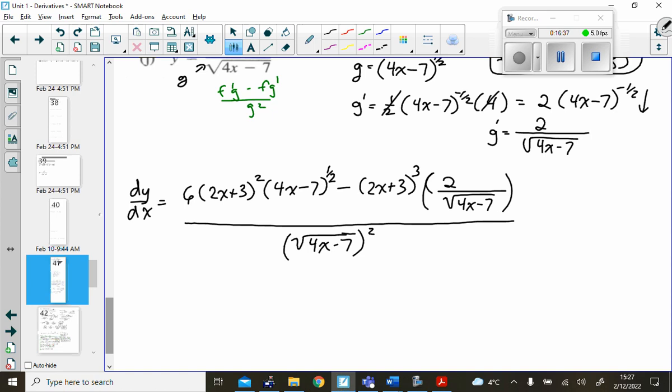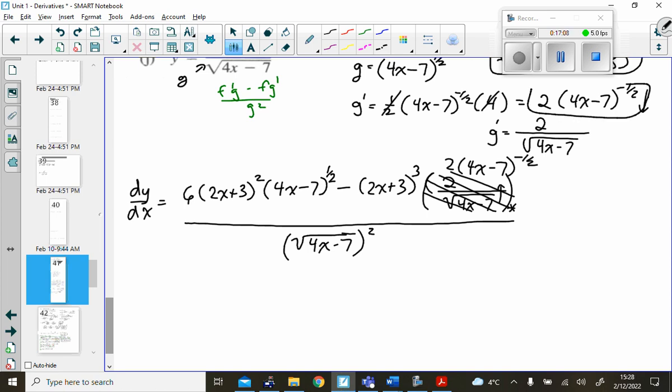Okay, so I go back to this line, because I want to take a common factor out. I'm actually going to go up to this line that's up here, and I'm going to move this back upstairs because it is a negative exponent, and you're going to see why in the next step. So I'm going to scratch it out, and put in the 2 (4x minus 7) to the minus 1/2.